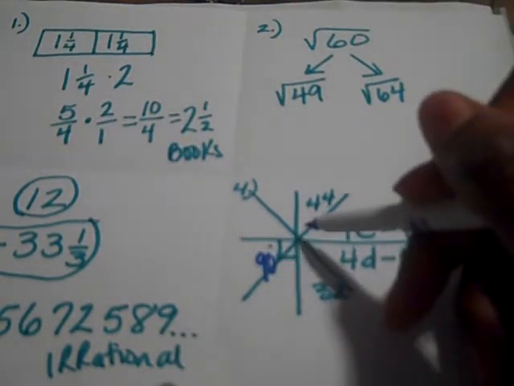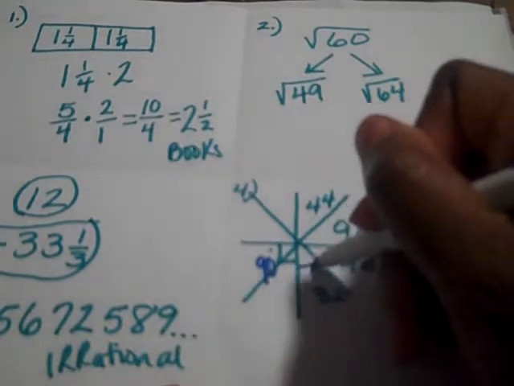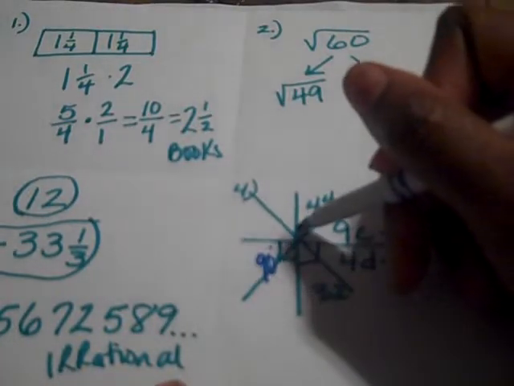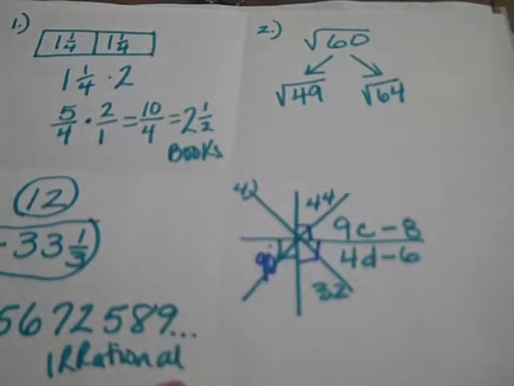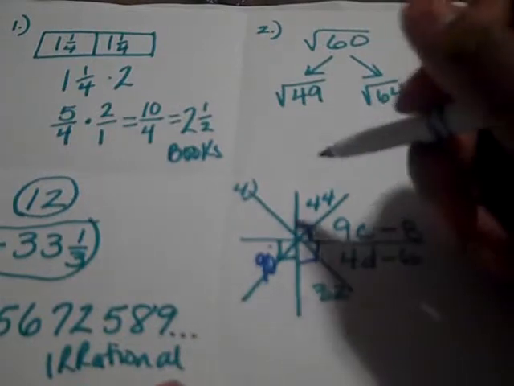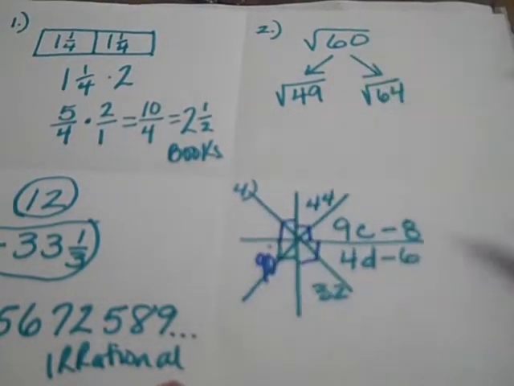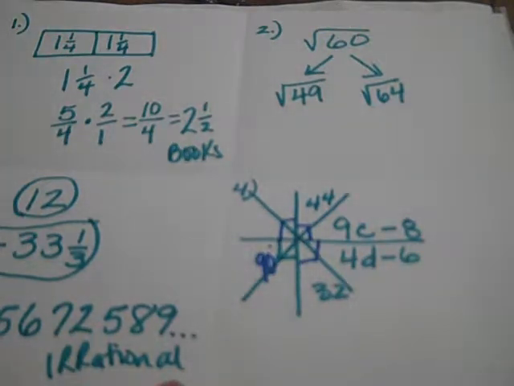Well, if this angle is 90 degrees, that means that these two angles here are complementary, meaning that they add up to 90 degrees. That also means that this top right angle is 90 degrees. And it also means that this left angle here is 90 degrees.